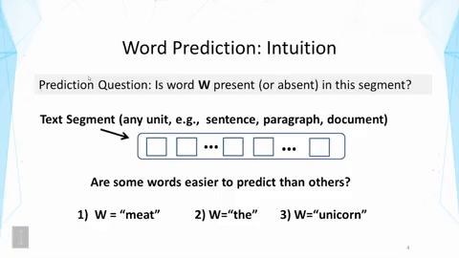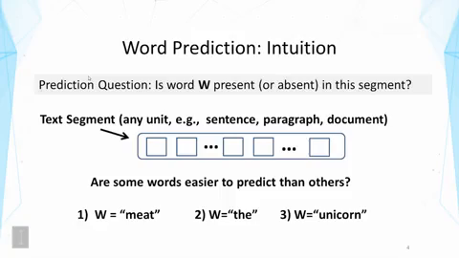Now, what's interesting is that some words are actually easier to predict than other words. If you take a look at the three words shown here, meat, the, and unicorn, which one do you think is easier to predict? Now, if you think about it for a moment, you might conclude that the is easier to predict because it tends to occur everywhere.